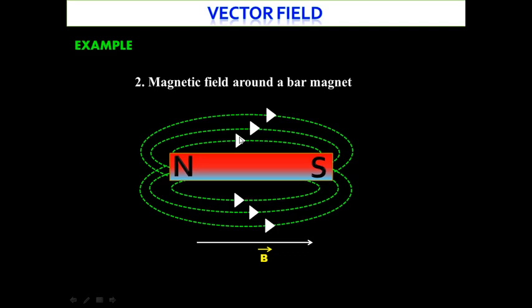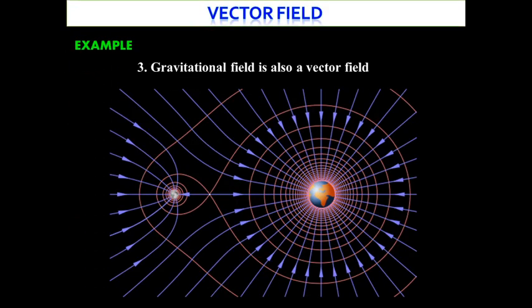Again, a famous example of a vector field is the gravitational field. Gravitational field is also a vector field. Suppose this is the sun, this is the earth, and this is the moon.